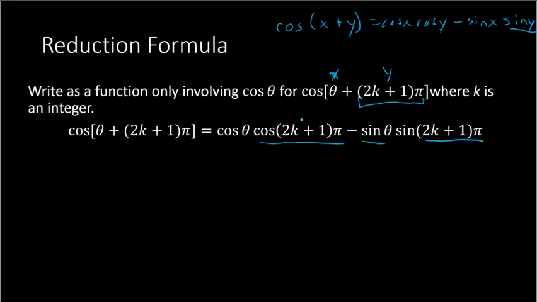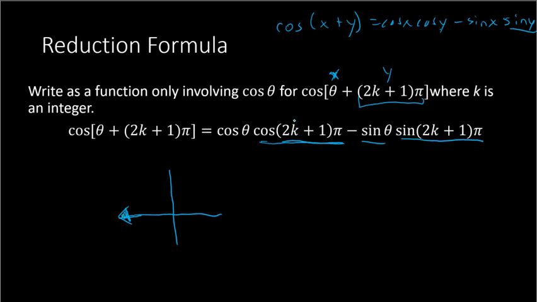It's still kind of the same thought process, because we still need to figure out what the cosine of 2k plus 1 times pi is, and what the sine of 2k plus 1 times pi is. Again, same logic here. We start with pi, which would be over here in this location, and then we multiply that by 2k plus 1.